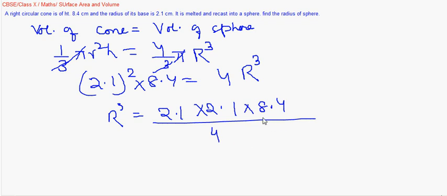See, 8.4 can be cancelled by 4, that's giving me a 2.1, so R remains 2.1 centimeter. That is now the radius of the sphere.